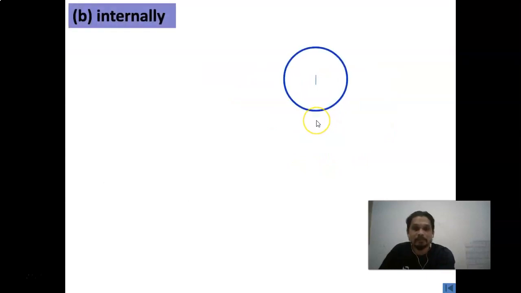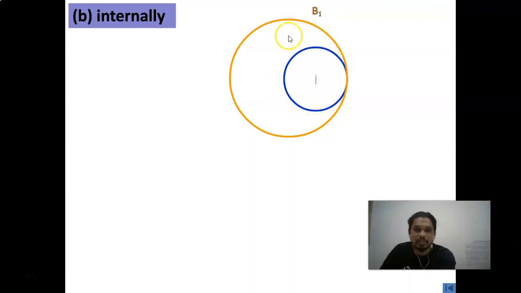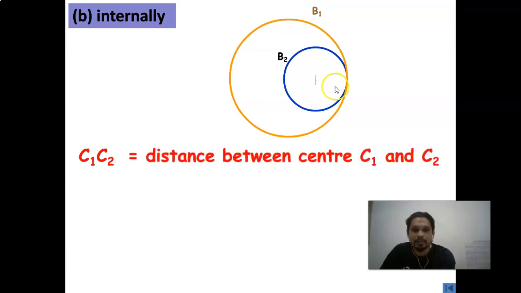Next, internally. Circle number 1 is smaller than circle number 2, and they touch internally, from inside here. So the distance between C1 and C2 is the modulus of R1 minus R2.